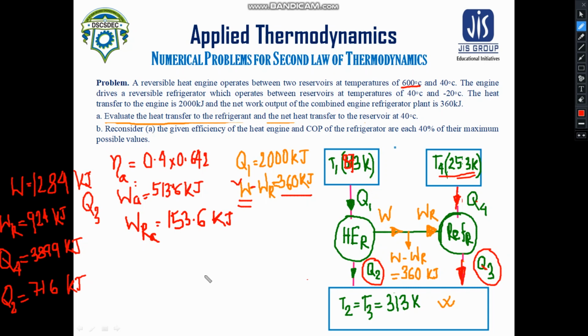Now we have found out all the work done. Now let us try to find out the COP.